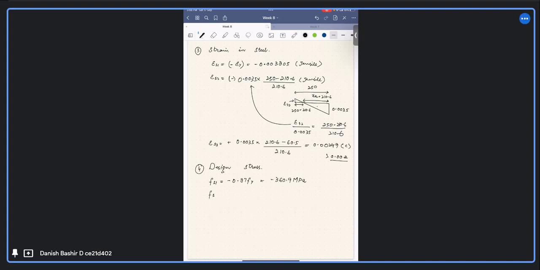FS2. We can see that FS2 here. We have calculated the strain for FS2. It came out to be minus 0.00, less than 0.002. It means that it has not yielded. So we directly apply the formula of stress equal to strain times Young's modulus.